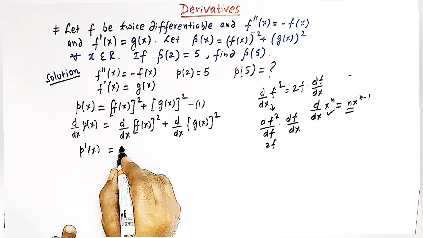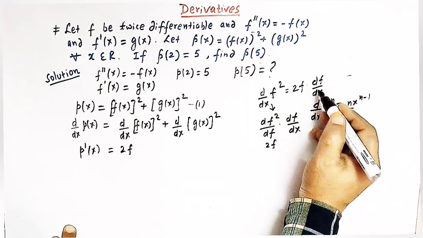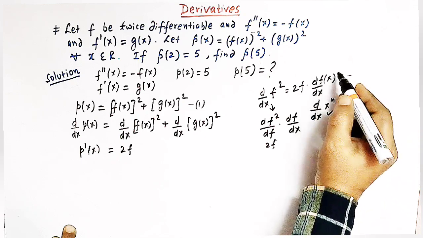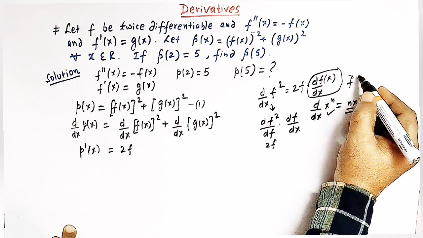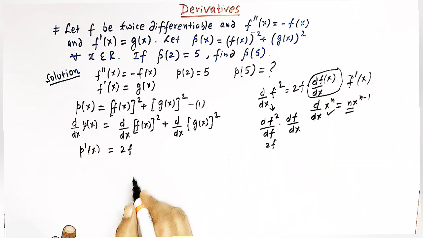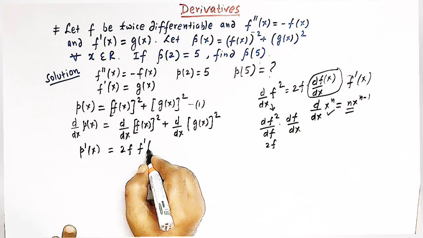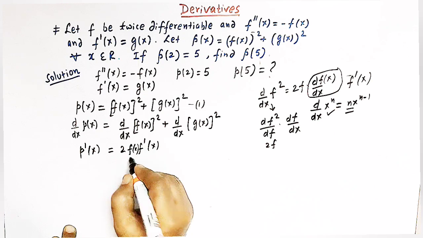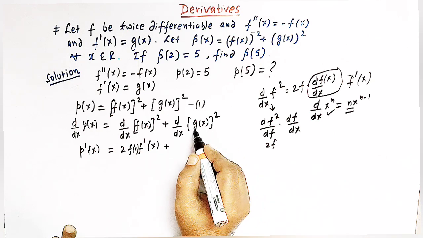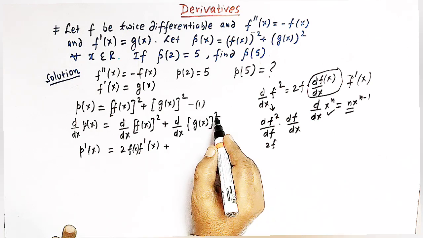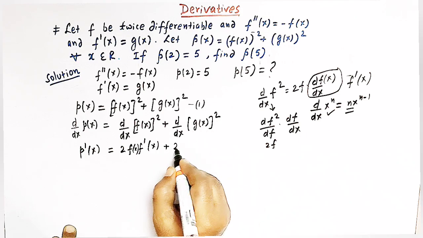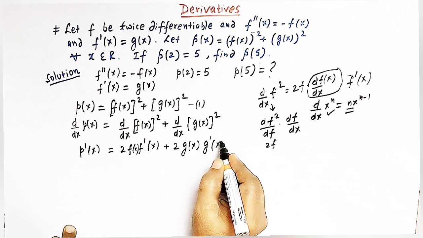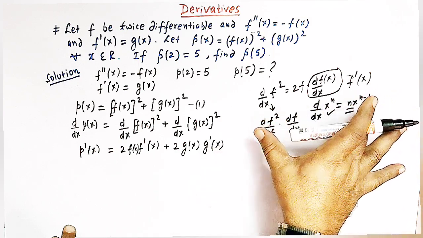So we can now write here 2f times df over dx, and again replacing f by f of x, we can write this notation as f prime of x, right? So we have f prime of x, and here for f we can write f of x. And similarly we can write the derivative of the square of g of x. So we can write 2 times g of x and g prime of x using a similar reasoning.